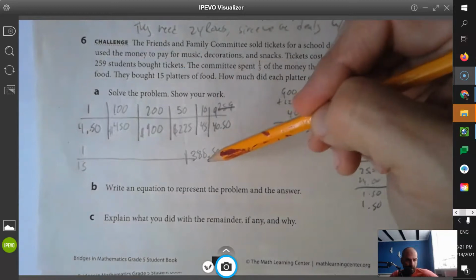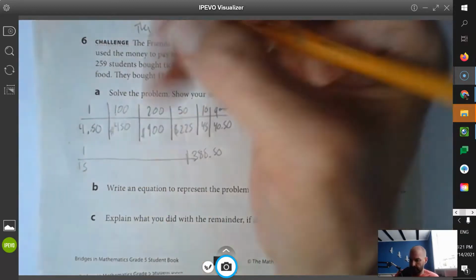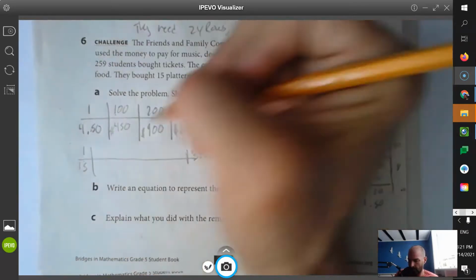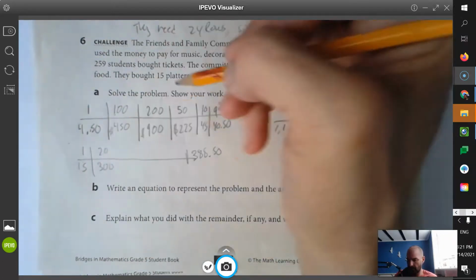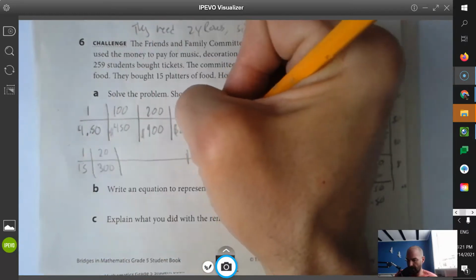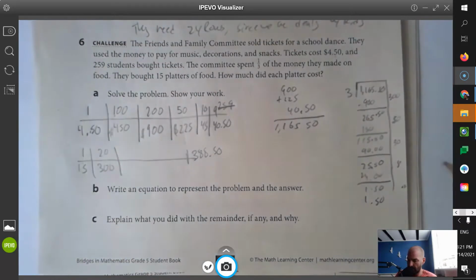Got it. All right, so I'm trying to get this down here. 20 would be 300. If they were $20 a piece, it'd be $300. That's $88.50 left, which would be... Did I do that right? 50 cents is half of 3 is 150. Yeah, that seems reasonable.